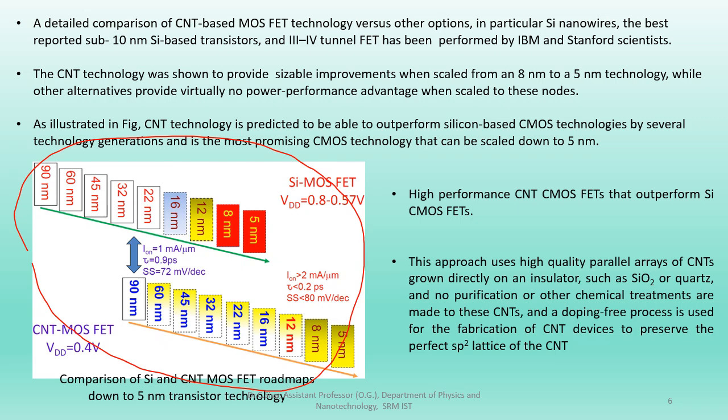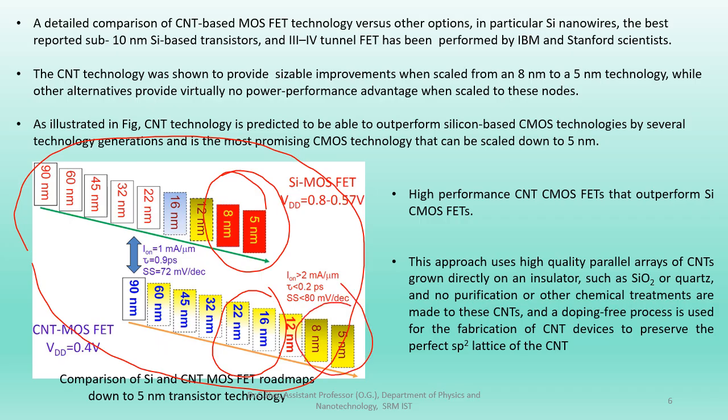CNTs showed a clear improvement when scaling from 8 nanometer to 5 nanometer. Here you can see it has stopped in terms of silicon, but in terms of carbon nanotube, we can see improvements.